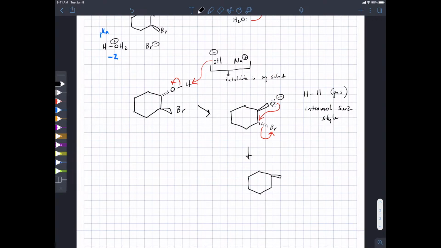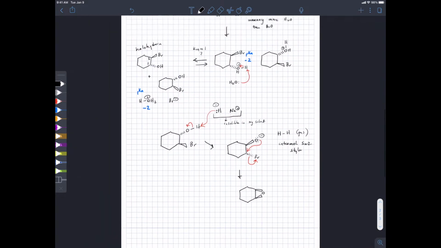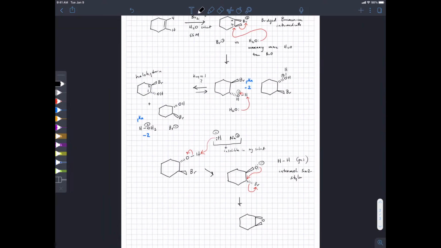So that's a bit of a convoluted way to make an epoxide. There's a much more easy and direct pathway that we'll learn in chapter 12, but for now you can use the halohydrin to make an epoxide.